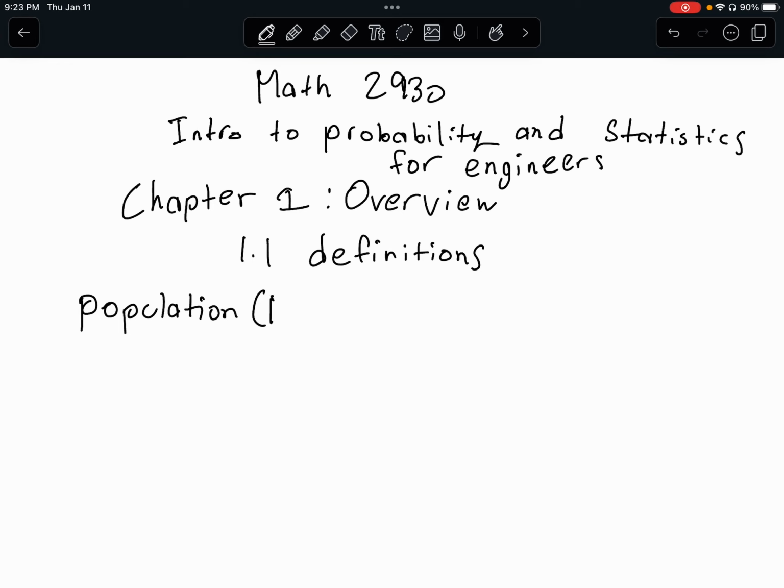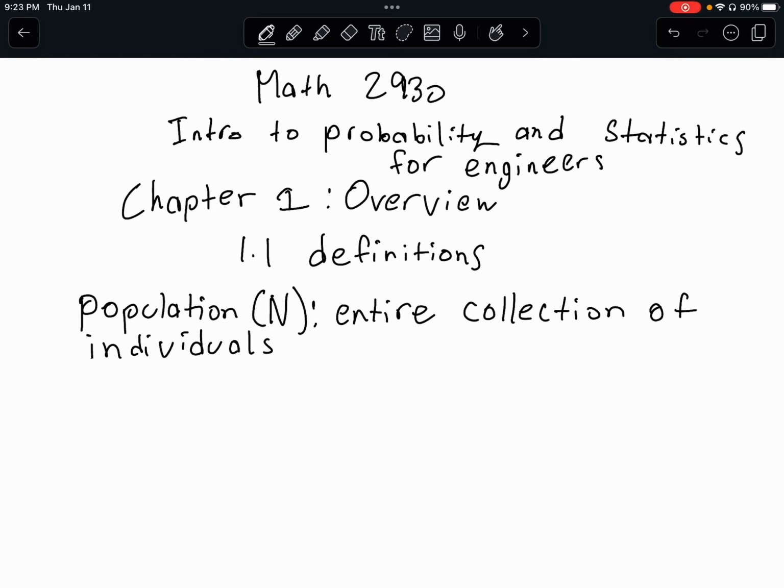We can define this with a capital N, and a population is the entire collection of individuals or objects to be studied. So this includes everything in the entire population.